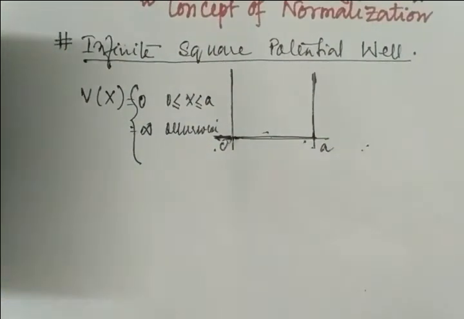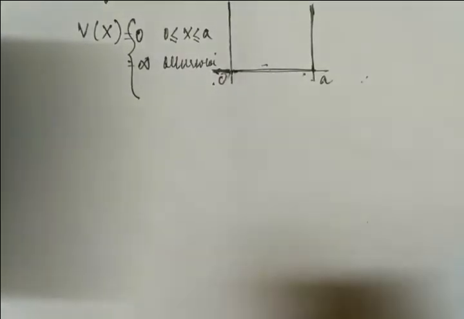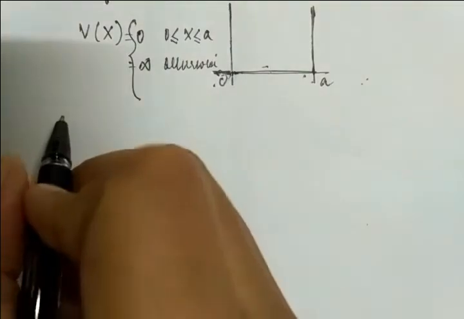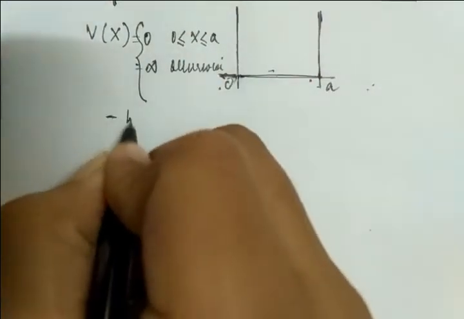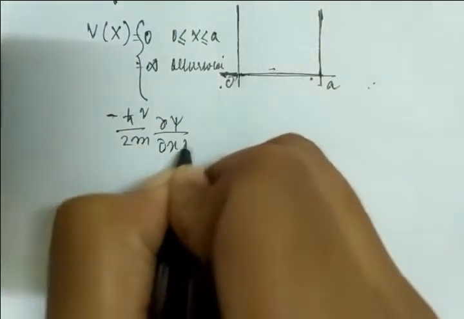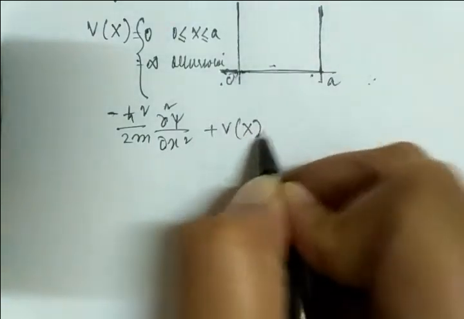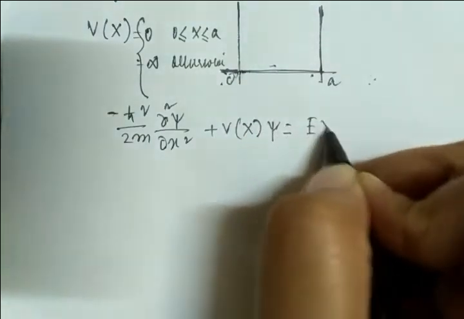Okay, so now I am writing our main equation, whose solution we are going to solve. Our equation is the time independent equation, that is minus h-bar squared by 2m, del squared psi by del x squared, plus V of x psi equals E psi.